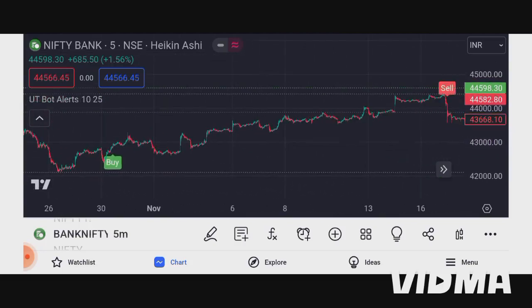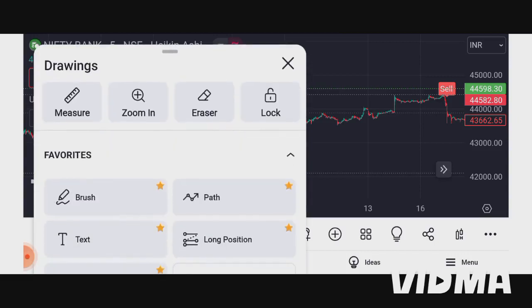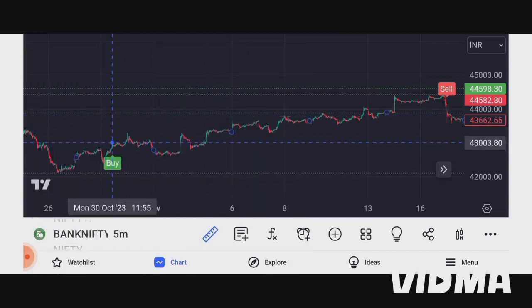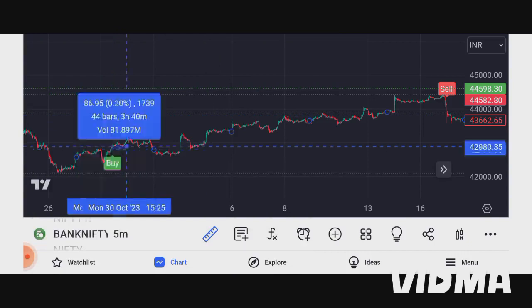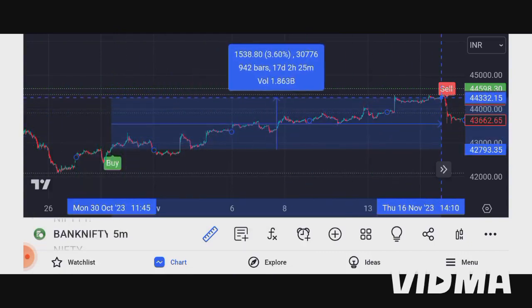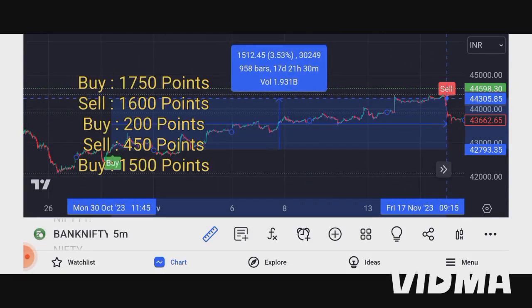And if you check, after the 13th it is giving a buy signal. We select this buy and hold till the sell, so it is giving 1500 points.